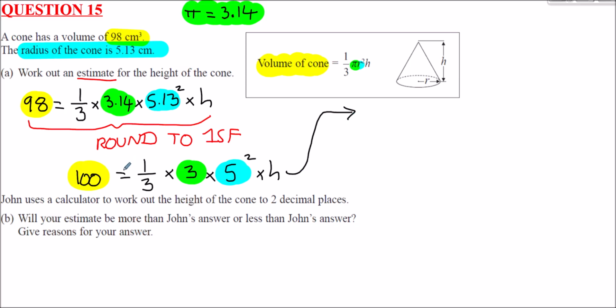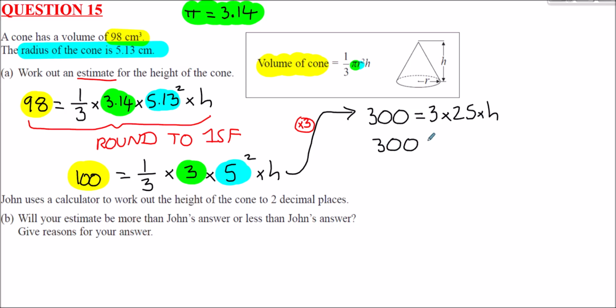So what I could do first of all, to get rid of this 1/3, is multiply both sides of this equation by 3. So 100 times by 3 gives me 300. And then I'm going to have 3 times 5 squared times h. Now 5 squared is 25. So I'm going to call that 3 times 25 times h.